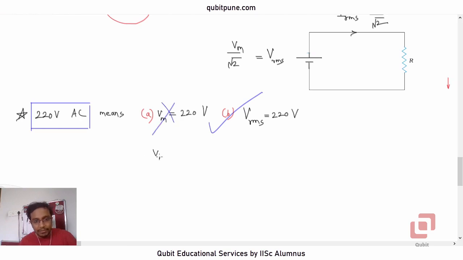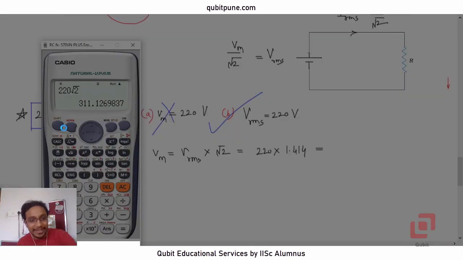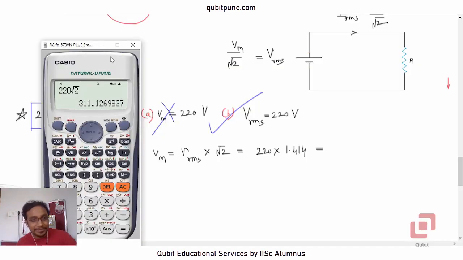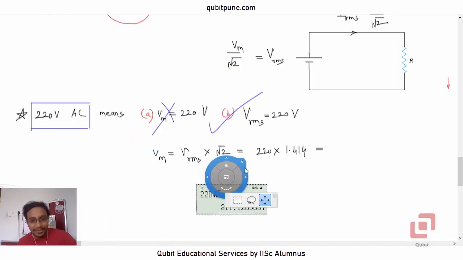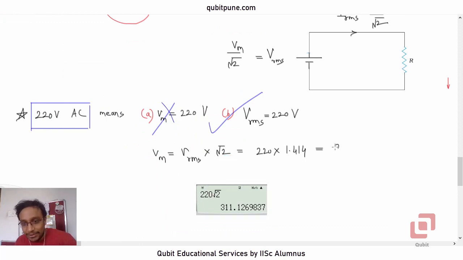Vm should actually be Vrms into root 2, 220 into 1.414, that is something around 311 volts. Just remember that. The main point is 220 V AC does not mean peak voltage is 220. The peak voltage is 311 volt. Okay.